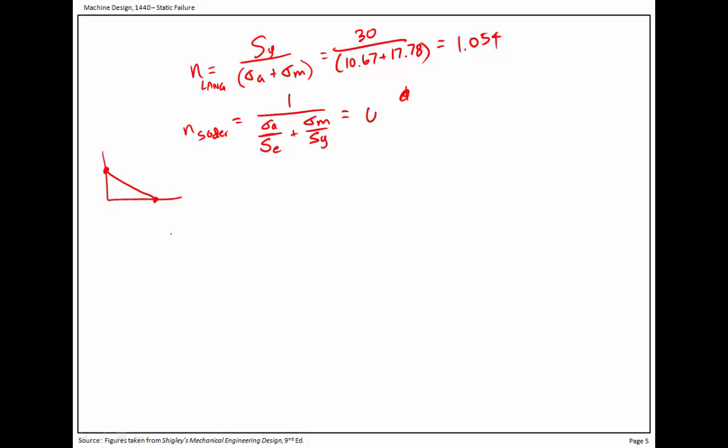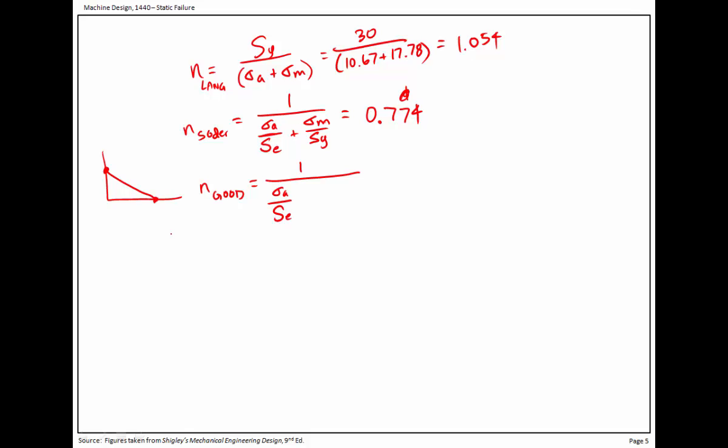So we can find that it is 0.774. All right, so it's less than 1. In one respect, we can think, oh, it's failed the Soderberg criteria. But it hasn't actually failed. All it means when it's less than 1 is that it doesn't have infinite life, so that's not necessarily a horrible thing.